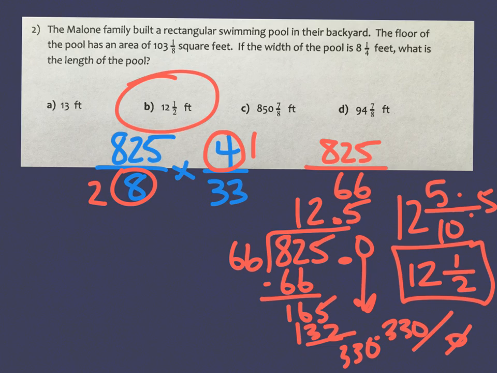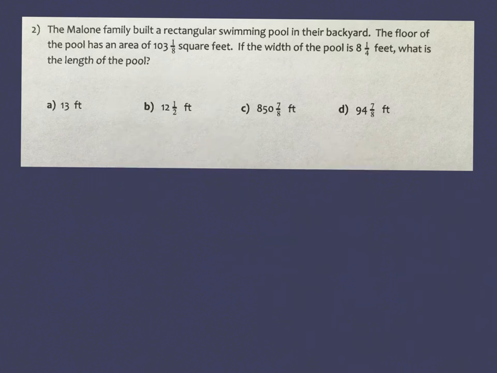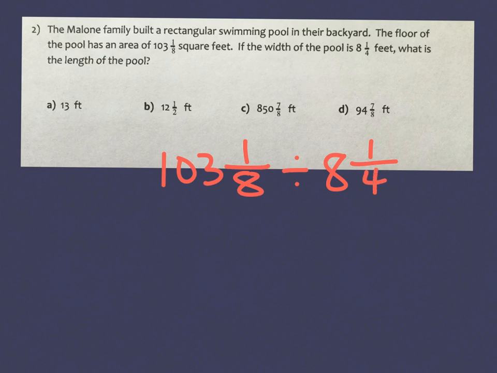Now, we could also have gone a slightly different route. We could have said, I don't really enjoy dealing with fractions, and I would rather deal with decimals. So 103 1/8 divided by 8 1/4 could also have been written as 103.125.